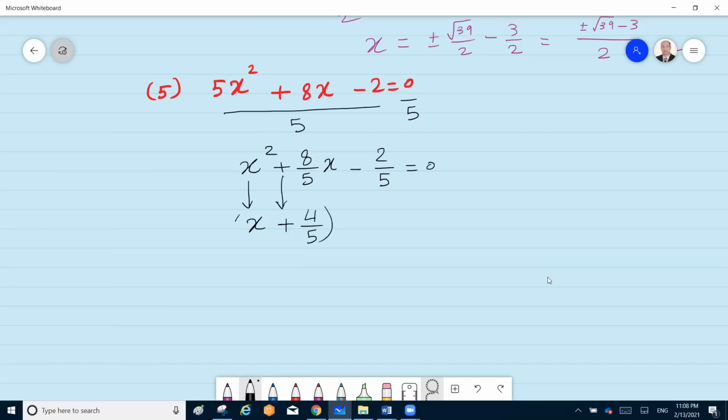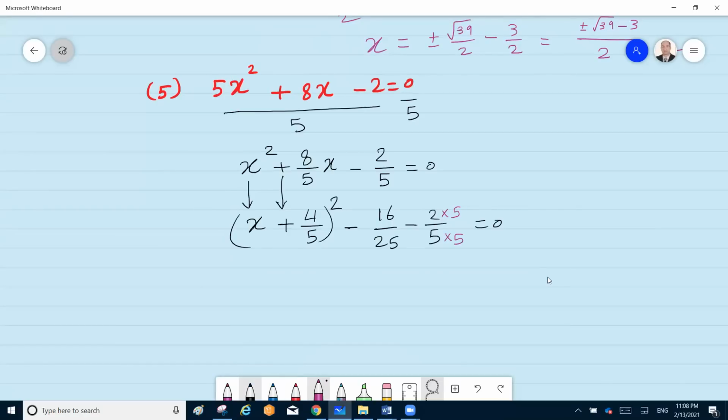Yes, all squared, minus this number squared, which is 16 over 25, minus 2 over 5, is equal to 0. I can just multiply here by 5 over 5 to make the denominator the same as 25.